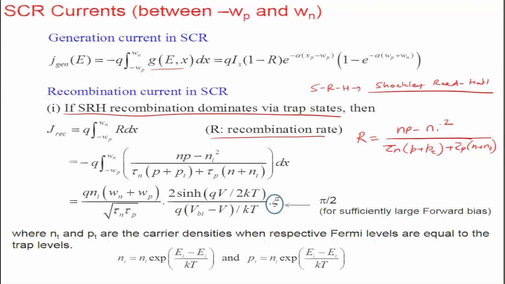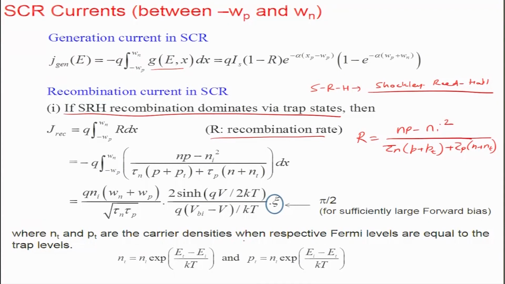When you do this analysis, the integration turns out to be: Q ni (Wn plus Wp) divided by the square root of tau_n tau_p, into 2 sinh(Qv/2kT) divided by Q(Vbi minus V)/kT, into some term eta. This is approximately pi by 2 if you have a sufficiently large forward bias.